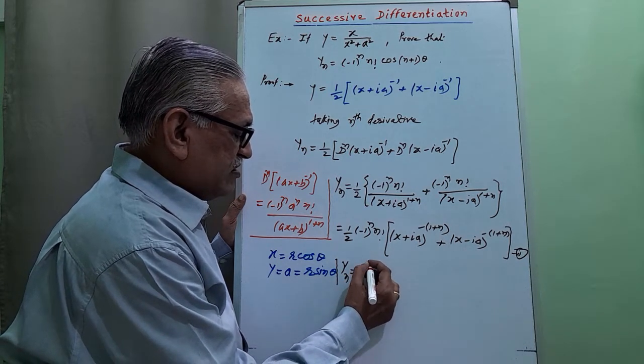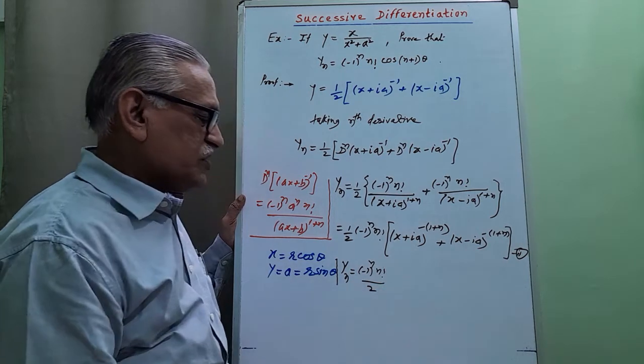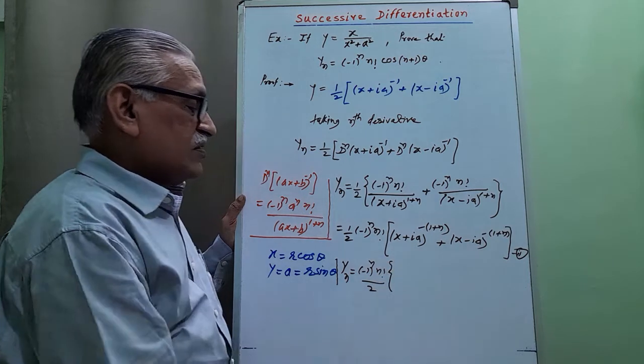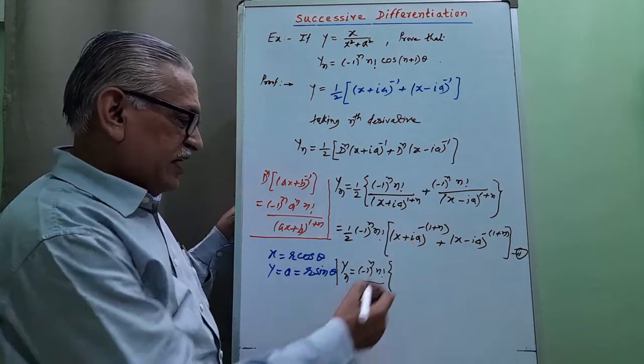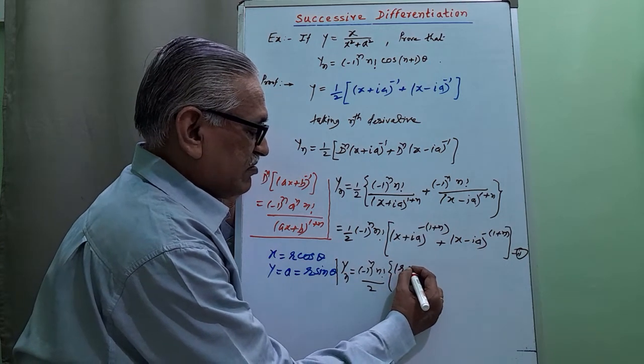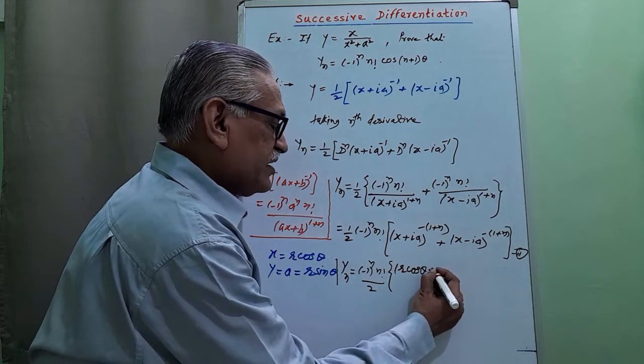minus 1 raised to n, n factorial divided by 2, as it is no change. Substitute the value of x and a. X is r cos theta plus I times a.